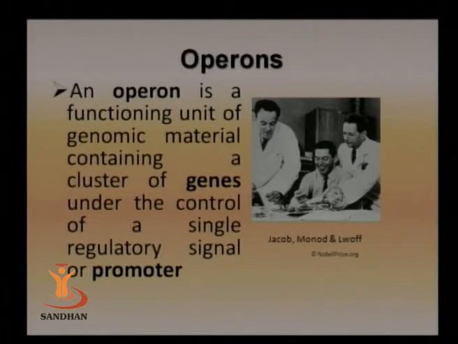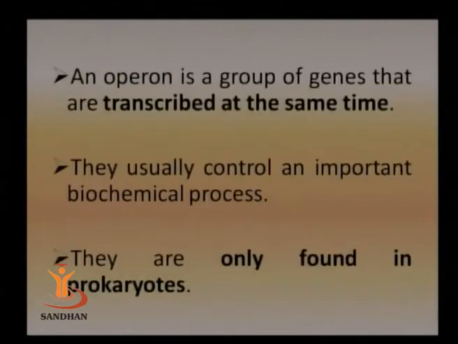They are a unit, in coordination, and are expressed whenever the cell needs. In the special case of Lac Operon, it has a group of genes, but these are all transcribed at the same time. The second important thing is that this usually controls very important biochemical processes, and operons are only found in prokaryotes.